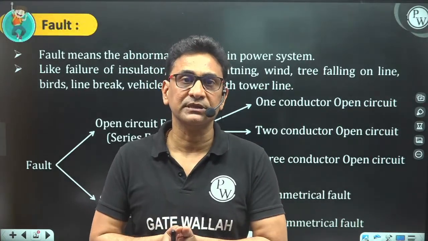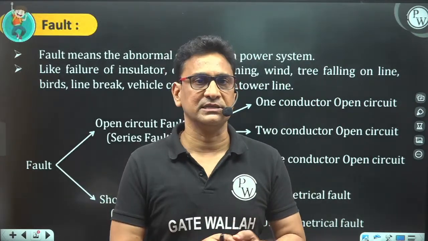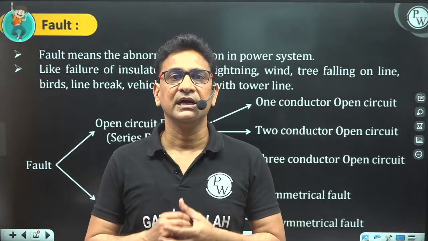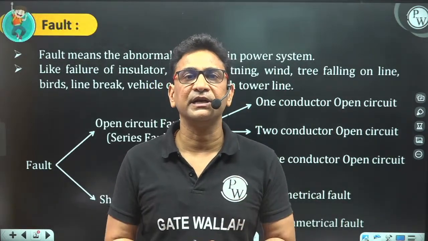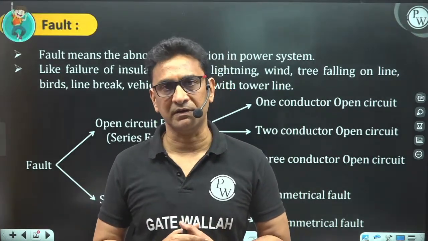But suppose the power system fails to carry the normal current from the power plant to the end consumer, that means the condition is not normal, the power system is working in the abnormal condition, or we can say there is a fault in the power system.